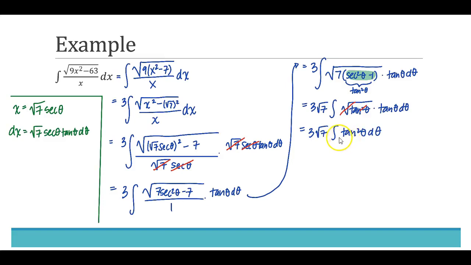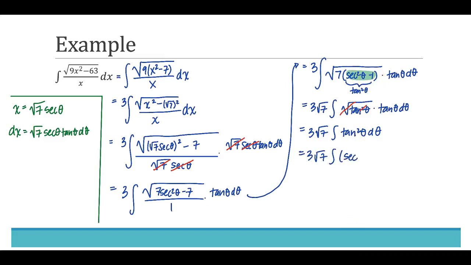All right, well, tangent squared theta doesn't have a general antiderivative. So now we have to start thinking about, well, how do I integrate tangent squared? Well, tangent squared, as we just used a second ago, is equal to secant squared theta minus 1. And that is going to be helpful.